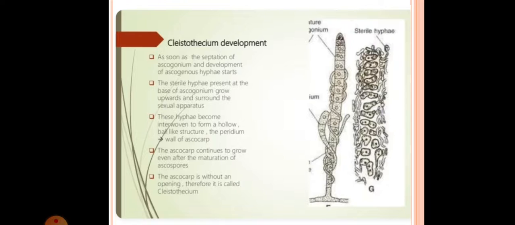These hyphae become interwoven to form a hollow ball-like structure, the peridium, that is the wall of the ascocarp. The ascocarp continues to grow even after the maturation of ascospores. The ascocarp is without an opening, therefore it is called a cleistothecium.